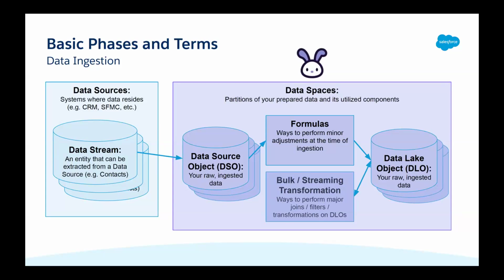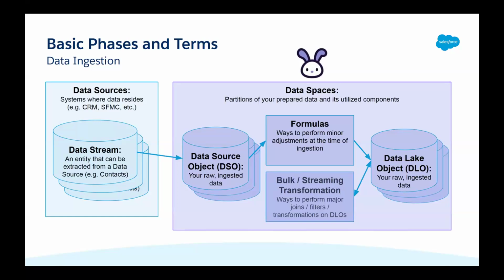A DSO provides a physical staging data store that contains the actual data in its raw file format as it's ingested into the platform. And as I mentioned previously, at this stage, minor transformations can be applied through formulas. Next, we have the data lake object, or DLO.